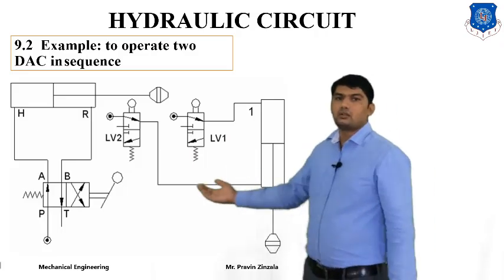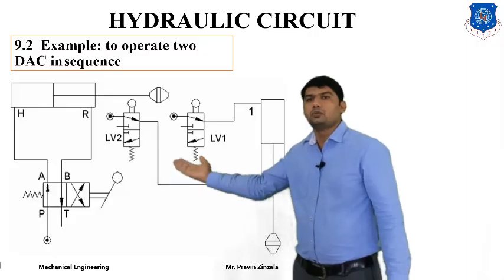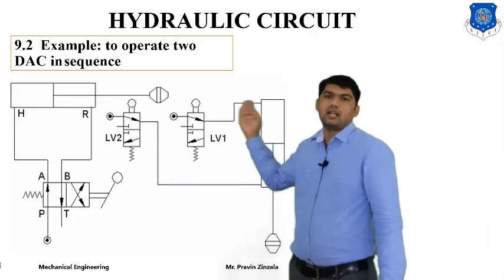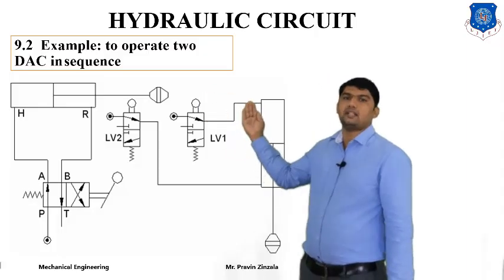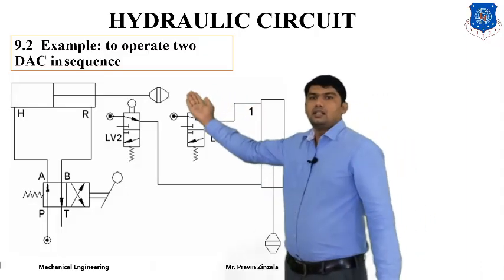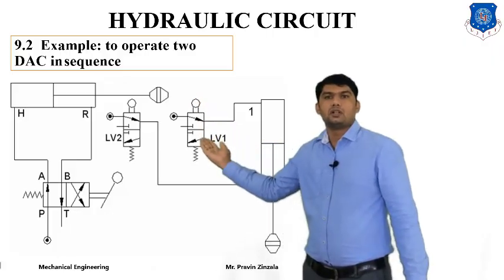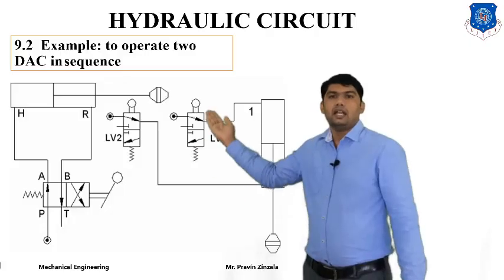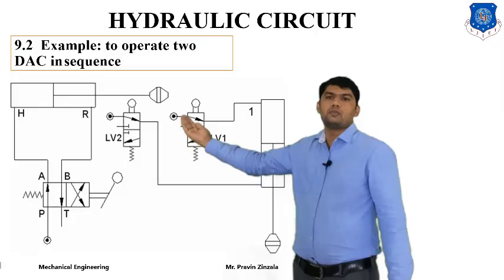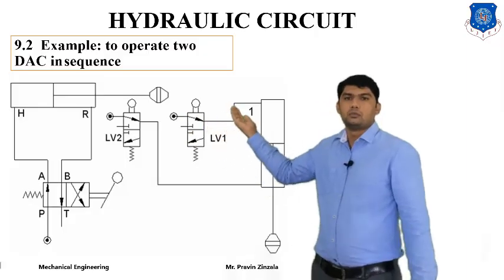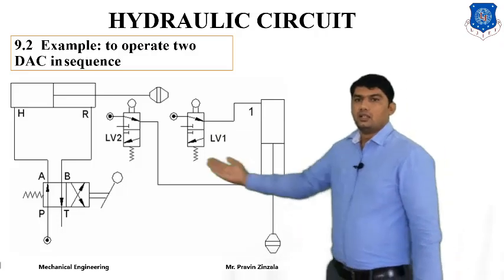Whenever we start our first valve, the pump supplies fluid from P to A, and the cylinder starts to extend. At the end of extension, the spool of cylinder number 1 applies force to the push button of limiting valve number 1, and limiting valve 1 starts working. So fluid will pass from the pump to the first side of the cylinder, and this cylinder will extend.